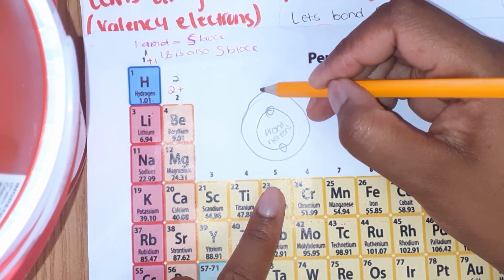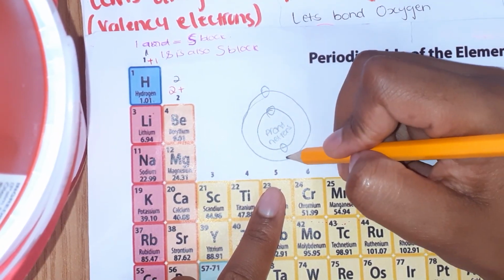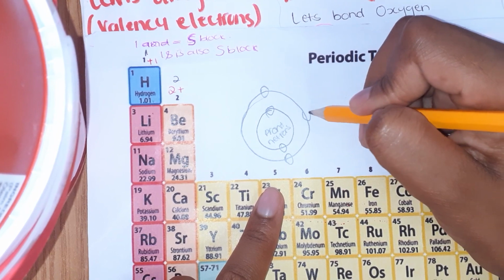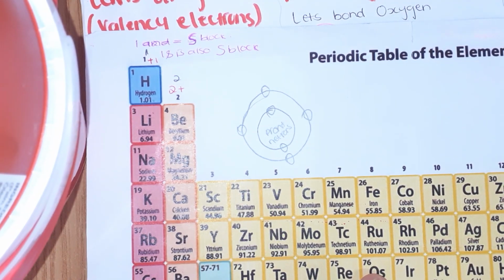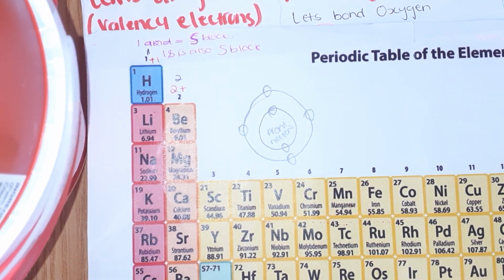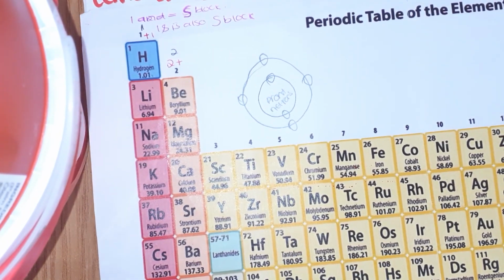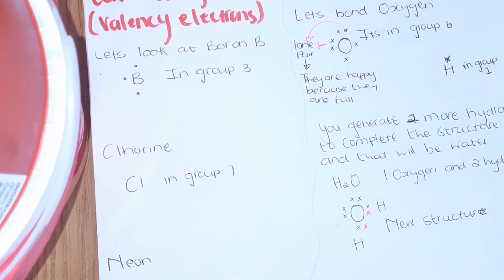They are called valency electrons. They are 4. When you are trying to draw a Lewis diagram, that is what you have to look for: valency electrons.